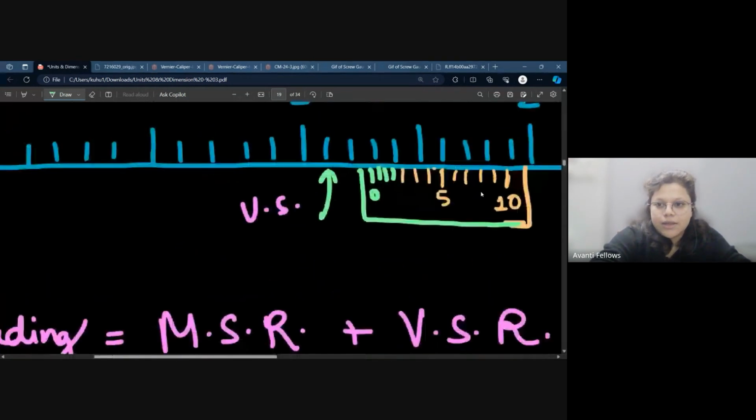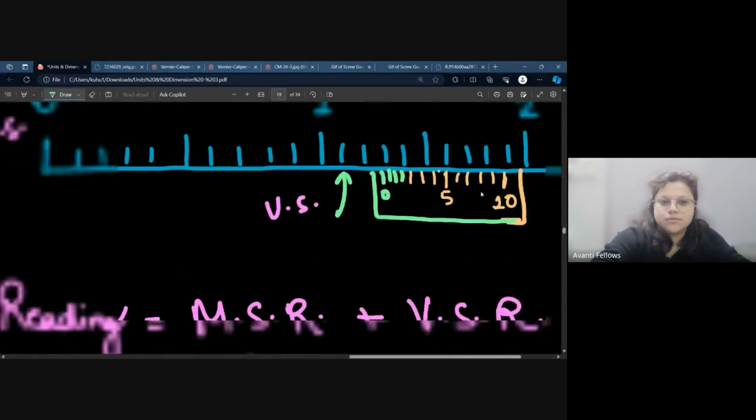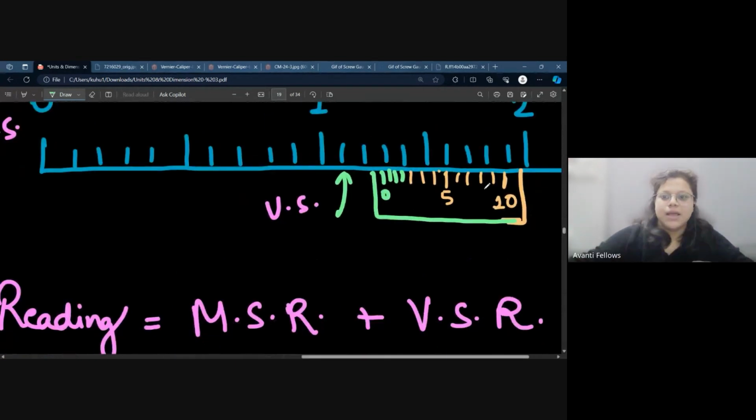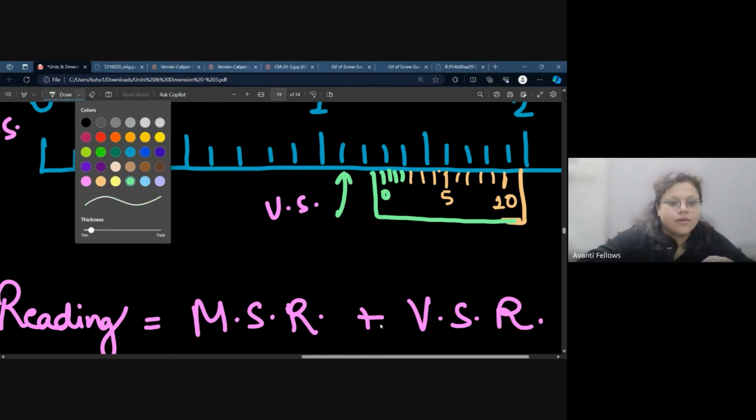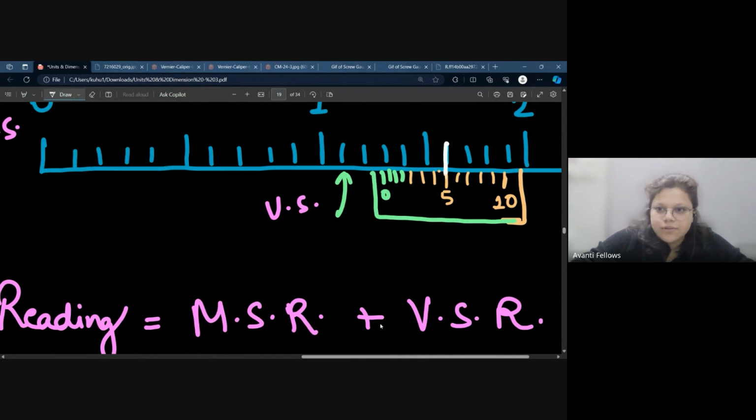One vernier scale division is coinciding with the main scale. Can you give me the number? 5. Very good, Aditya. It's 5, this one. This is the division which is coinciding with the main scale.